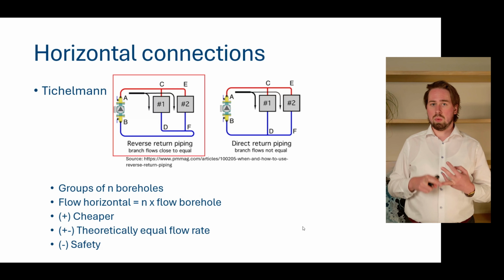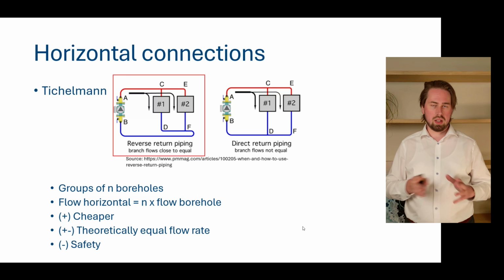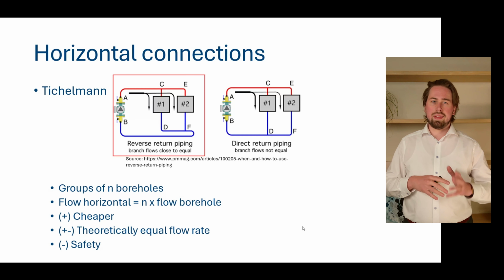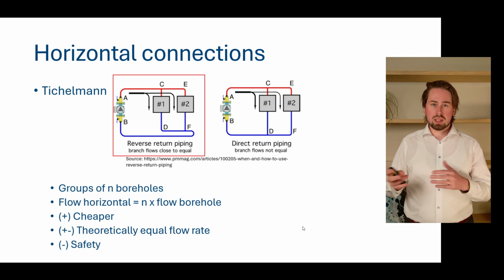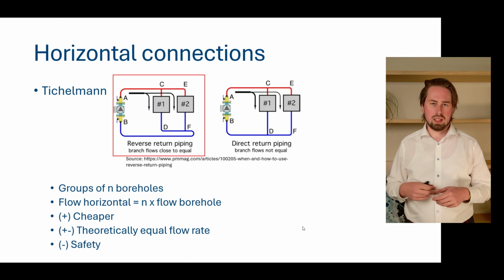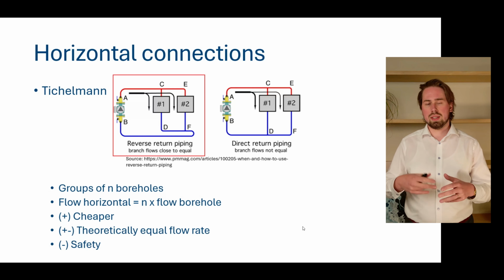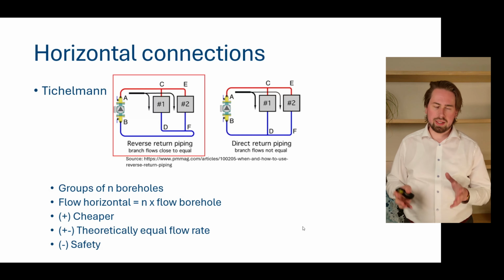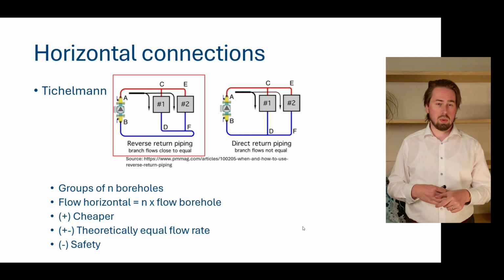Theoretically, we have equal flow rates because the pressures are equal, and the only difference in flow rate one can expect is due to irregularities in how it's actually installed.